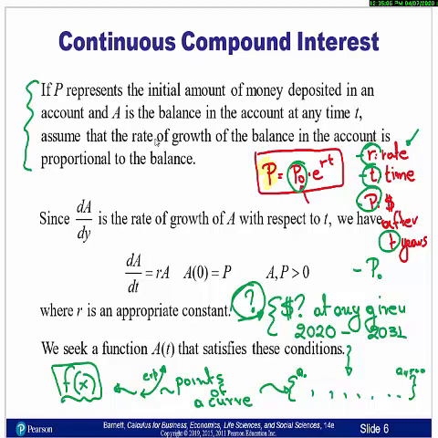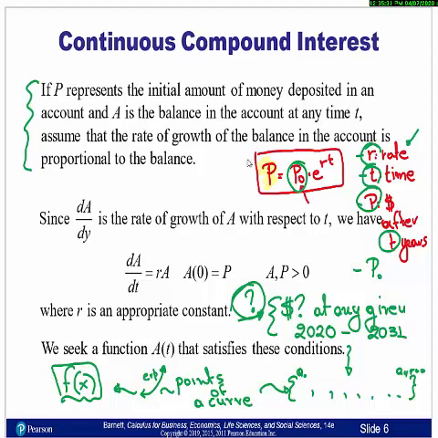Well, in order to obtain this, what you need to do is solve this equation. Now, is this a differential equation? Well, as you can see, on the one side I have a derivative of A, and on the other side I have the function A itself. So, yes, it is a differential equation.